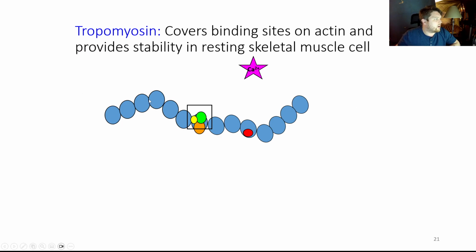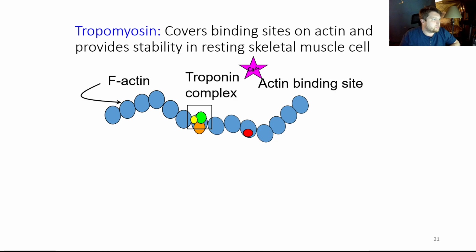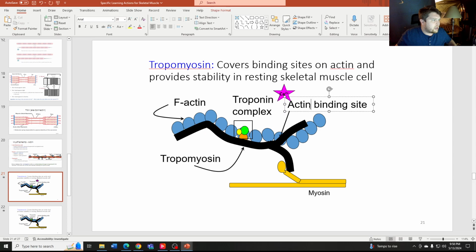So here we have our actin. Remember, each of these individual guys is G-actin. Each strand is considered F-actin. Those little red spots are our myosin binding sites, and this little thing is troponin. With our F-actin, we have a troponin complex. That should say myosin binding site, not actin binding site, okay? Let me actually fix that. That should say myosin binding site.